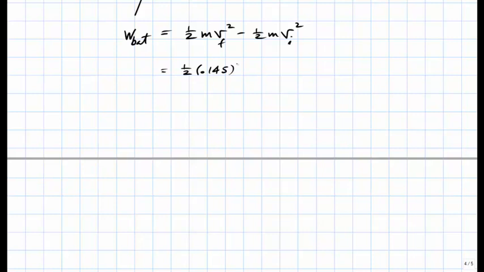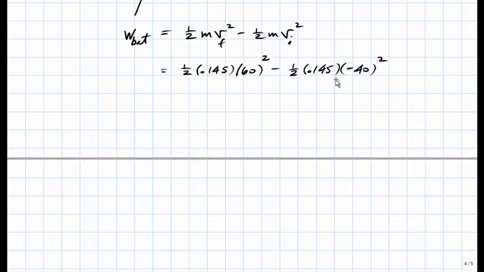The final velocity of the ball is 60 meters per second directed towards the right, so I'll enter it as a positive value. Minus 1/2, again the mass is 0.145, and the initial velocity of the ball was 40 meters per second traveling towards the left. I'll enter it as a negative.